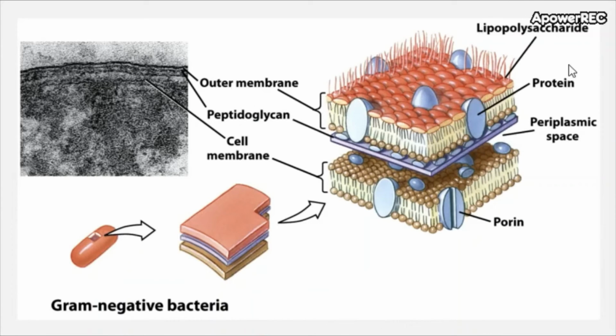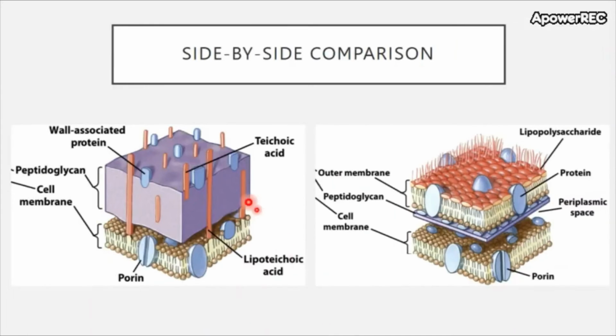And you can draw these lipopolysaccharides that gram-negative bacterium have, or if we go to the next image here, you can draw lines through the peptidoglycan to the inner membrane to indicate teichoic acids.